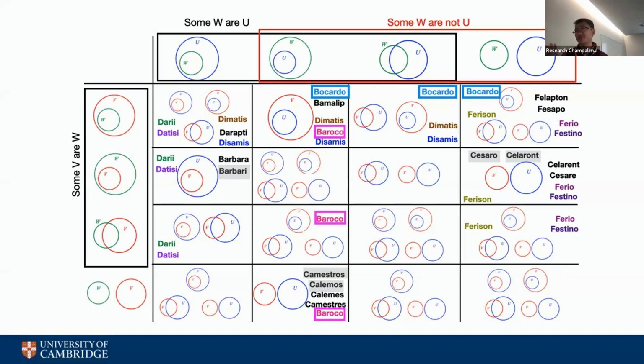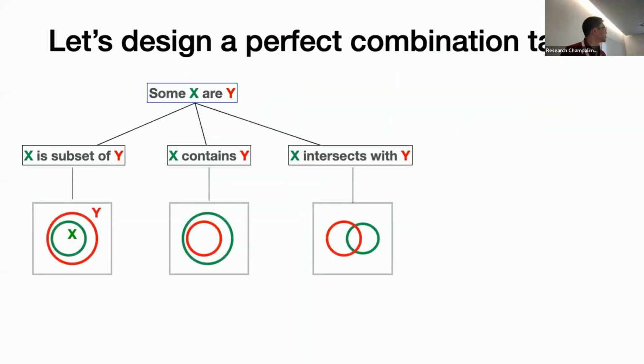So we need to very carefully design the combination table and try to establish a one-to-one map, so that each syllogistic statement has one column. Then we can see how to improve the method. There are also 3 situations for "some X are Y".